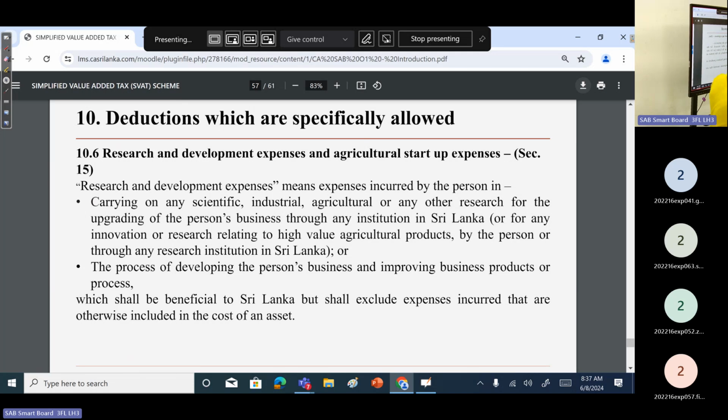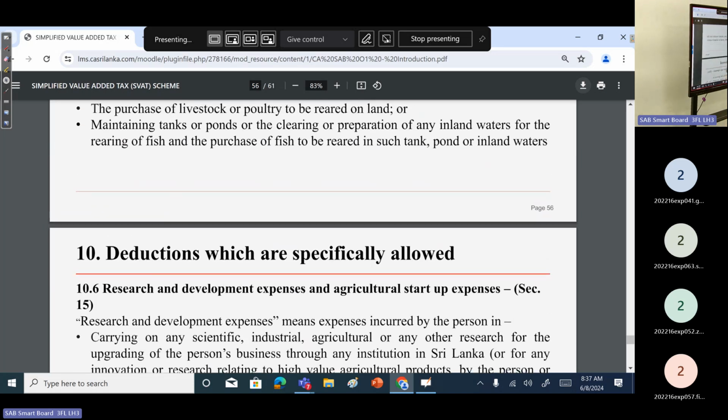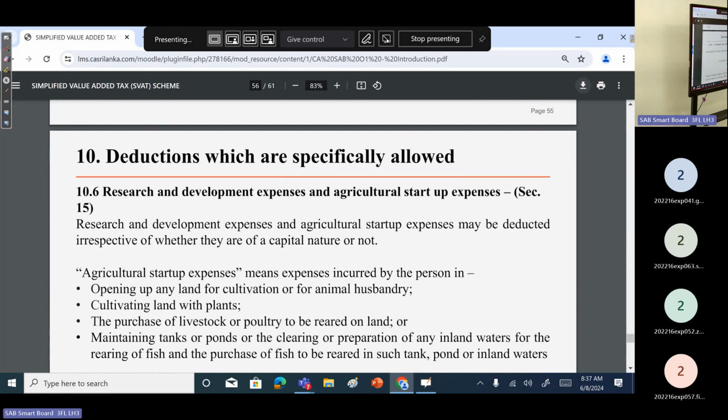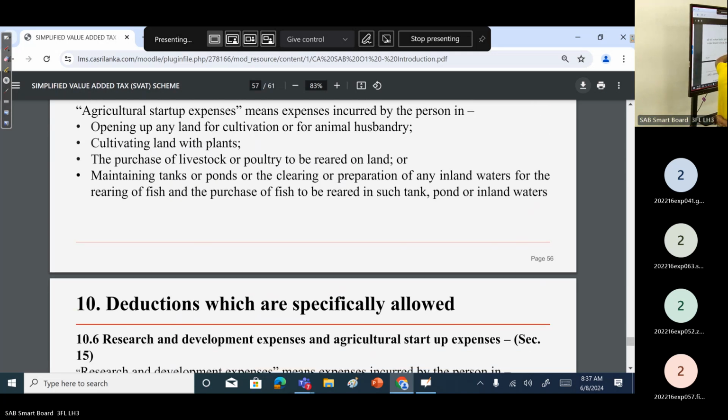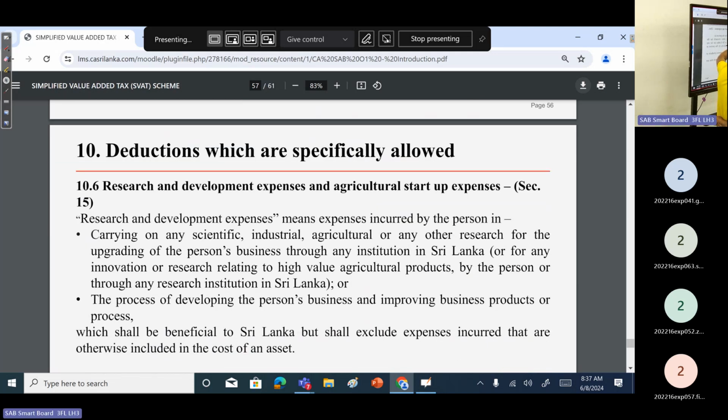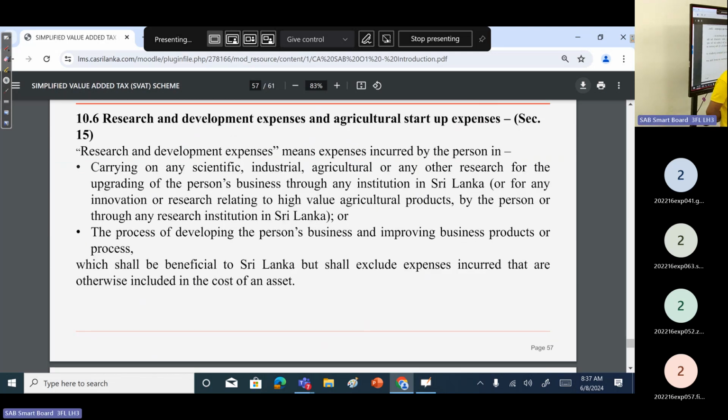So therefore, section 15 says research and development expenses means expenses incurred by that person. So again, section 15 is that even though it is capital nature expenditure, we can deduct it. Right? Other thing is, we can do research or development, right? But it may not succeed, right?